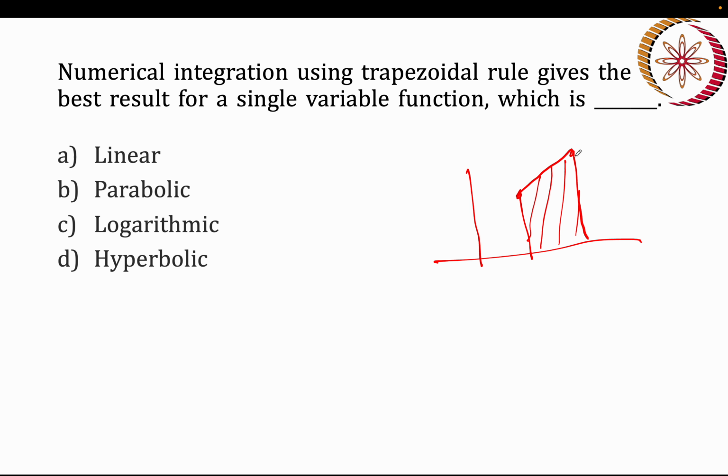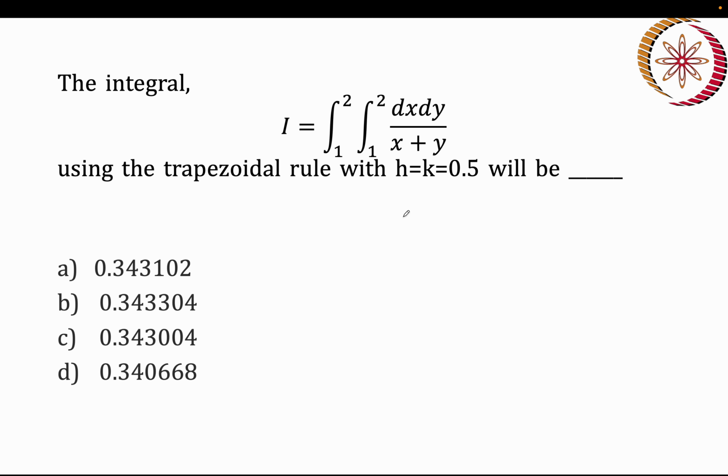So if the function itself is linear, then it will be the best approximation. If the function itself is linear, the approximation performed is also linear, so that will be a good approximation and will give correct or better results. So for a linear function it will work better. Okay, next we will go to the next question.